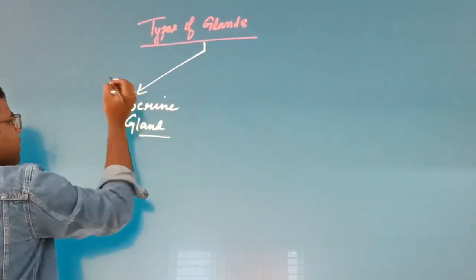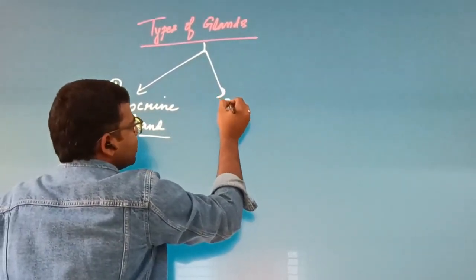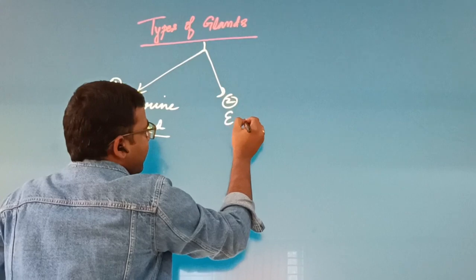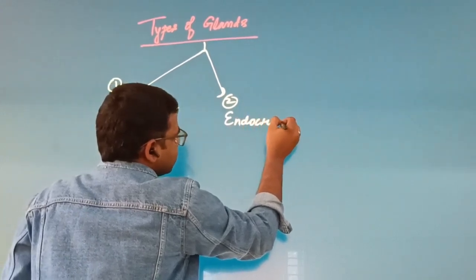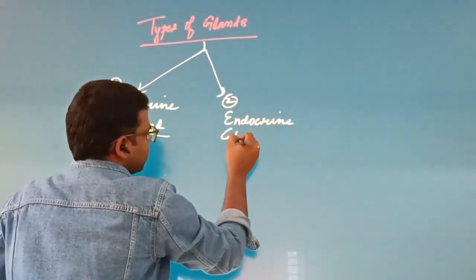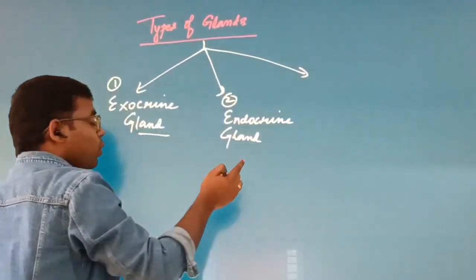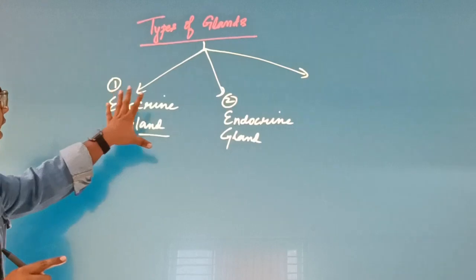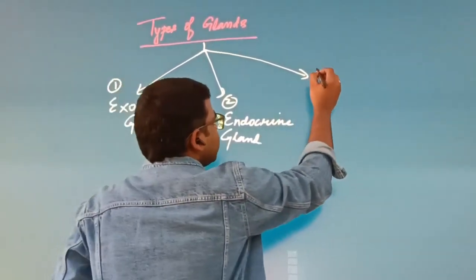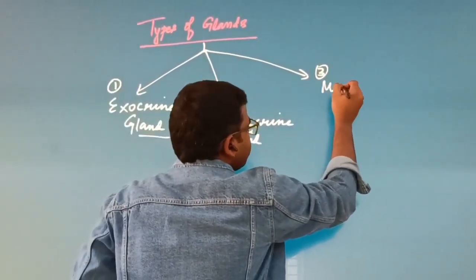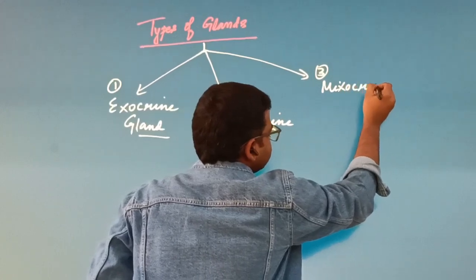This is the first type. The second type of gland is called endocrine gland. And the third type is the gland which acts both as exocrine and endocrine. So the third type is called mixocrine gland.